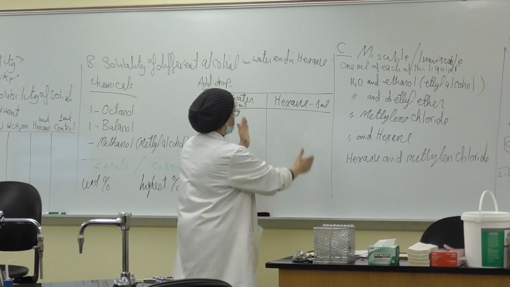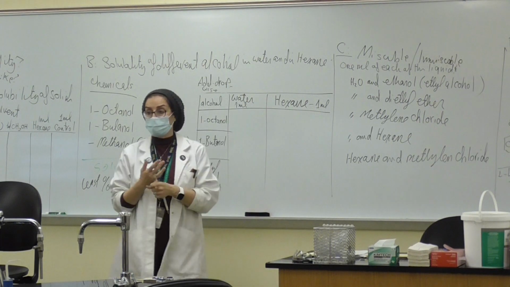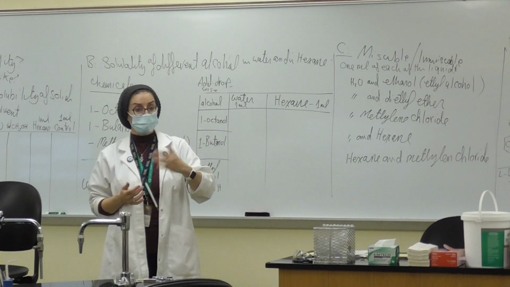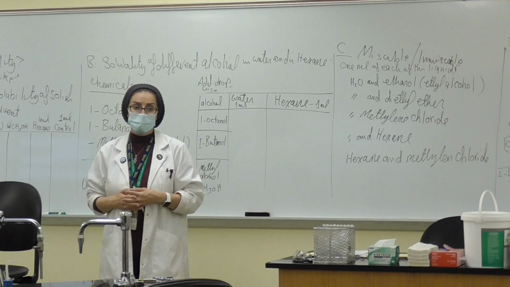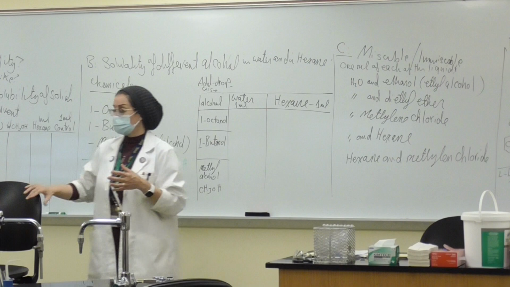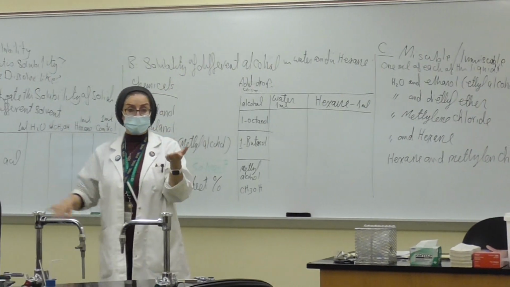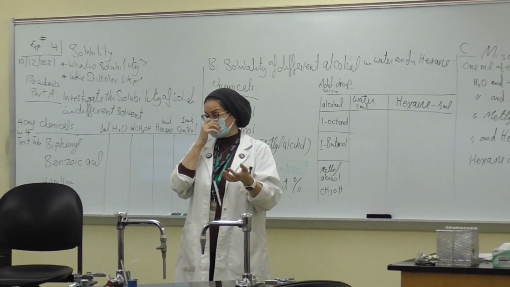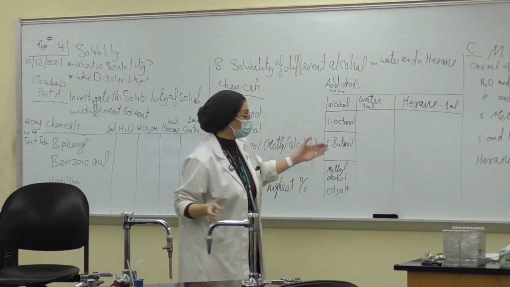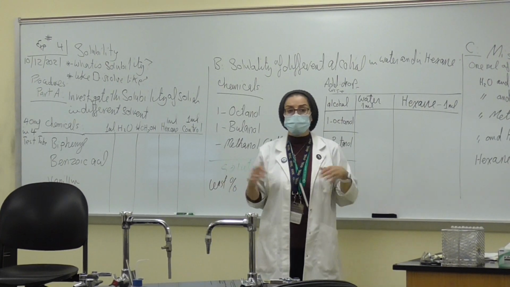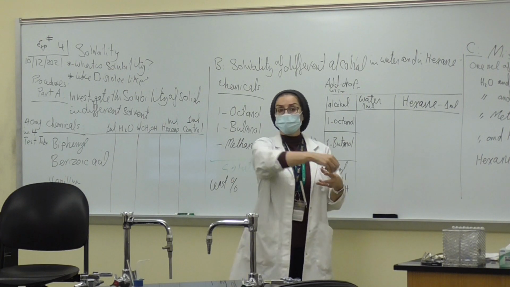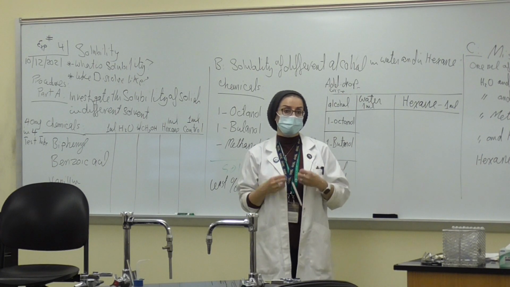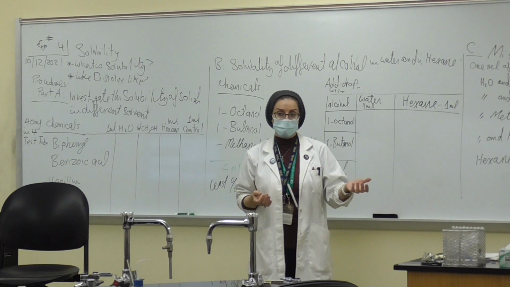In other words, hexane, because it is nonpolar, is going to dissolve with a nonpolar compound, okay? So this is how we are going to compare, to know how to prepare a combination of 2, or sometimes we need 2 or 3 solvents to dissolve a solid or dissolve other chemicals, okay?